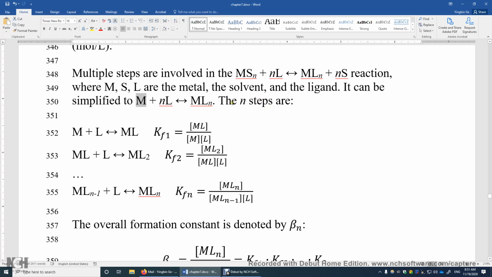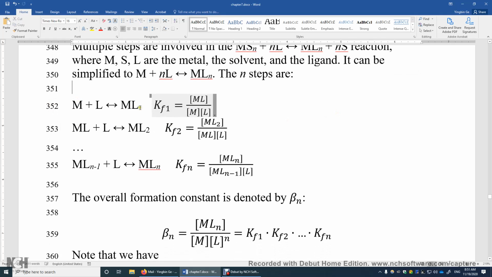So now let's look at the multiple steps involved in this reaction. First, over here, 1 water can be replaced by this ligand. Now the second water is replaced by the ligand. And over here, in this situation, there's only 1 aqua ligand bonded to M on the left-hand side. The last water ligand is replaced by this L to form this final product, ML sub N. Now this transition metal is no longer bonded to any solvent ligand.